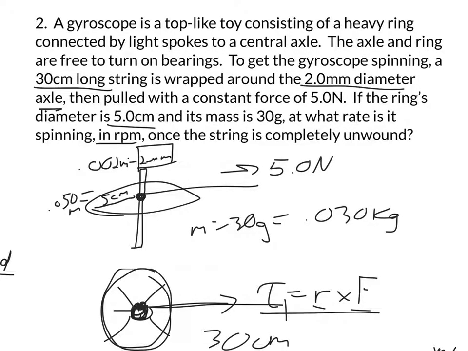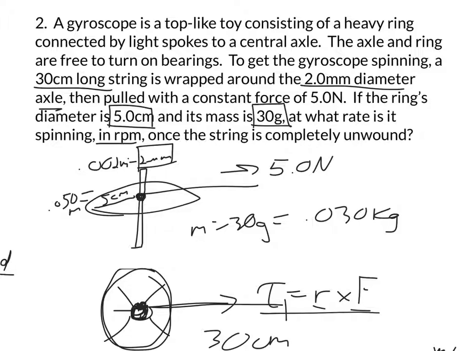I think, this is my intuition based on this problem, they give us the diameter of the ring is 50 centimeters, or 5 centimeters, and they give us its mass is 30 grams. And I'm assuming then that the axle is very light, comparatively speaking.